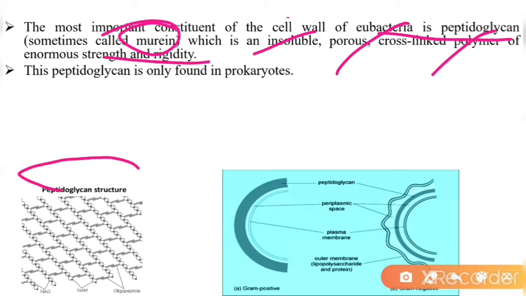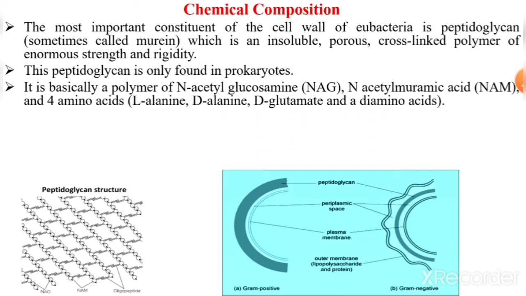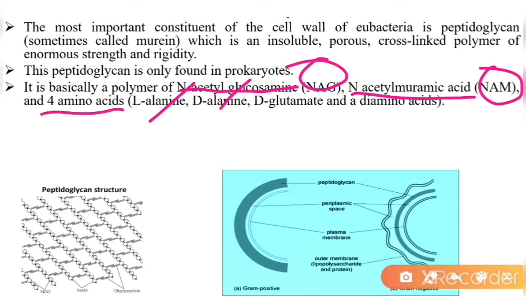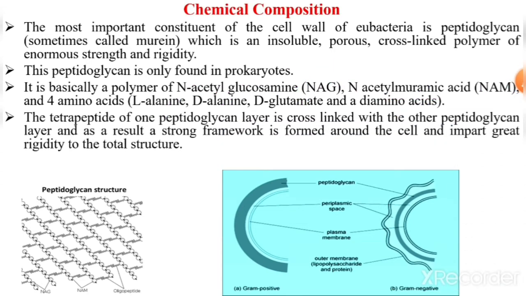Peptidoglycan is only found in prokaryotes. It is basically a polymer of N-acetylglucosamine, called NAG, and N-acetylmuramic acid, called NAM, and 4 amino acids, namely L-alanine, D-alanine, D-glutamate and D-amino acids.